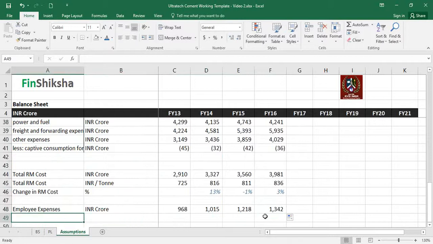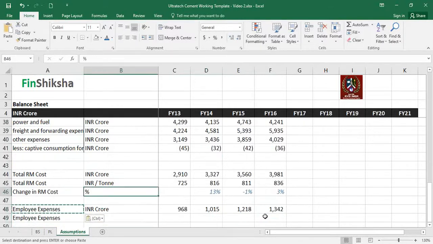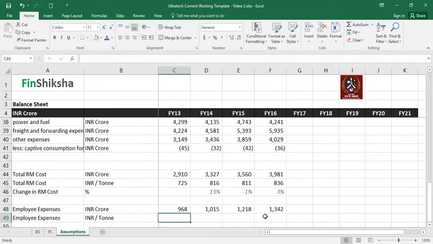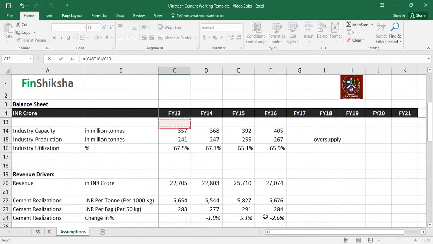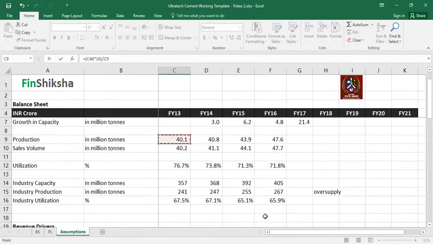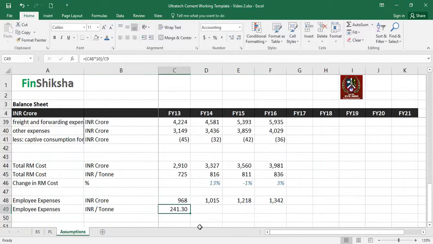Let's try and see employee expenses in terms of INR per ton of production. Although that may not give us the best idea, and let's see how that pans out. So this into 10 to convert it to millions divided by the production, right? And let's see this, and let's see the change.